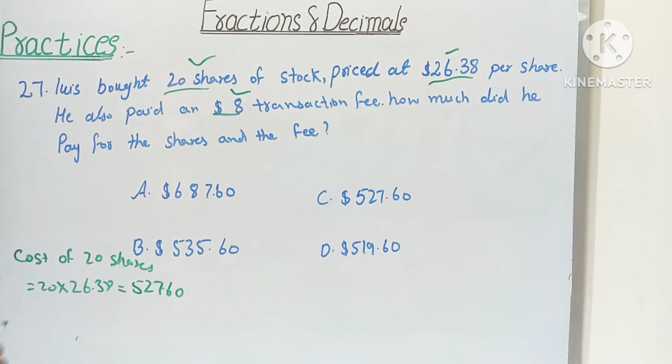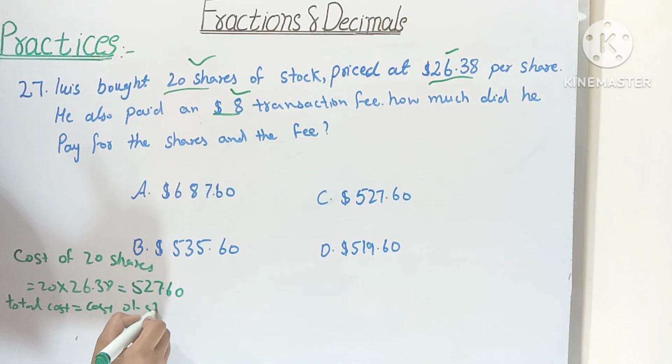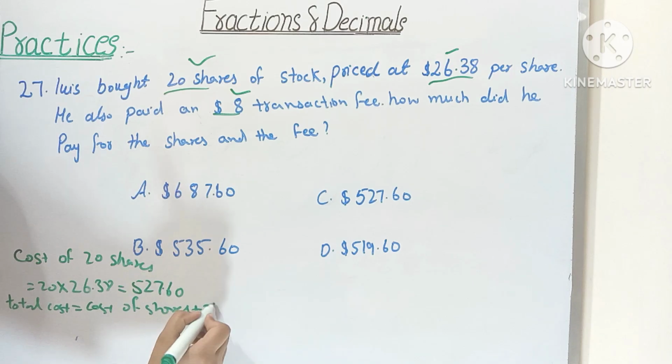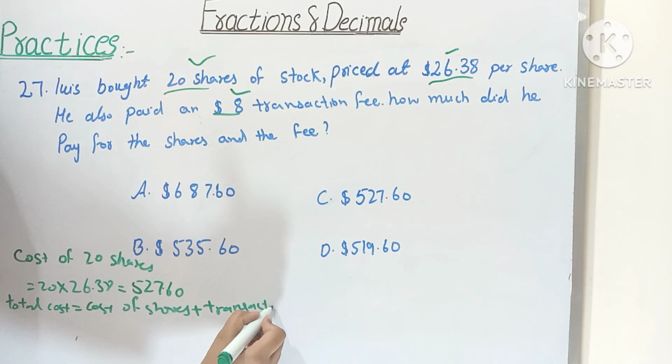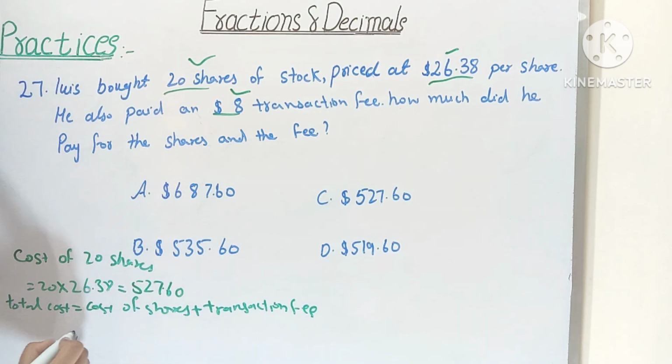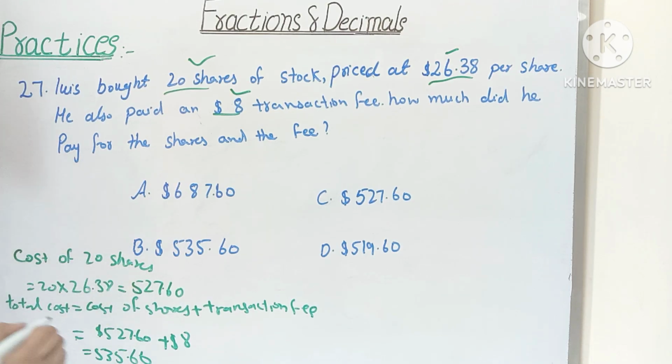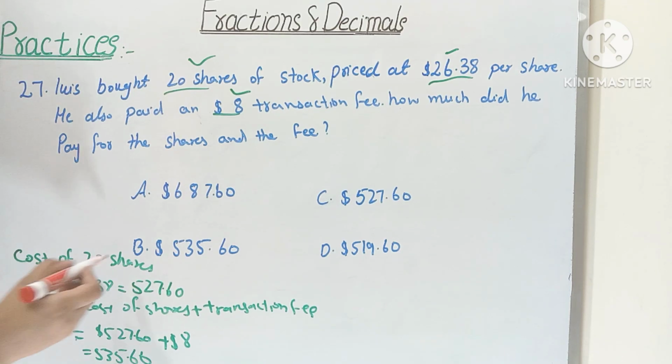Total cost is equal to cost of shares plus transaction fee: $527.60 plus $8 is $535.60. Lewis paid $535.60 for the shares and fee. This corresponds to option B.